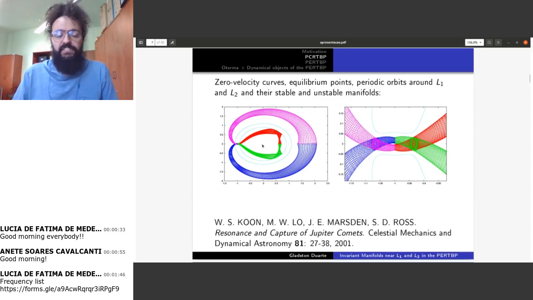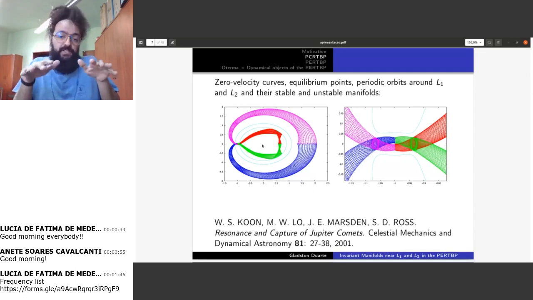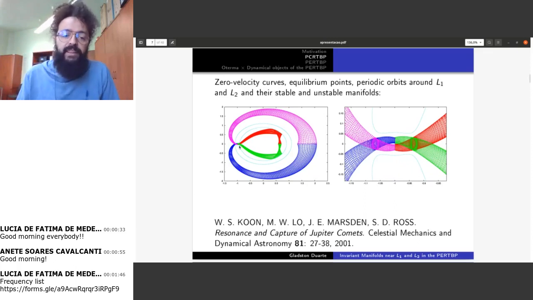We set ourselves in a system of coordinates, which is called synodical, that rotates with the same angular velocity as Jupiter and Sun, so that they are in the same points, they do not move. And there are some results about this system of coordinates.